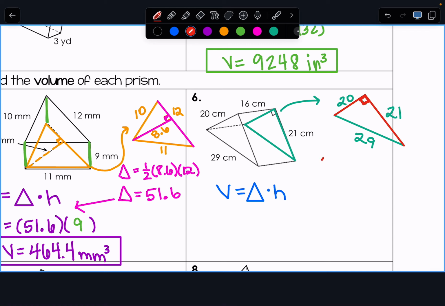Okay. Our triangle is 1/2 times 20 times 21. Which is what? 210? Yeah.